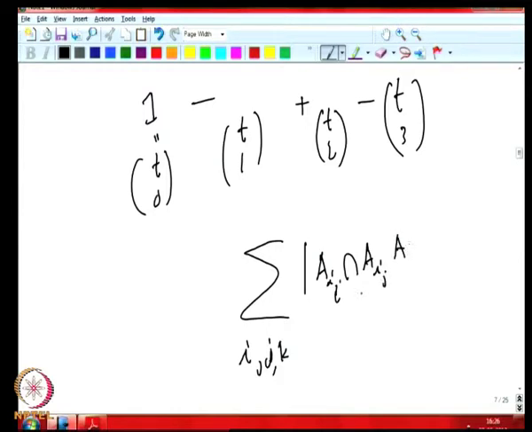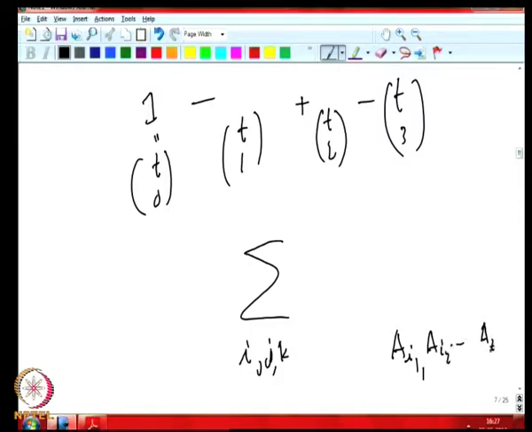so for instance, three members of the collection are taken and their intersection cardinality is put here, but then X will belong only to those intersections of three tuples of sets where the sets are coming from this collection AI1, AI2, AIT, because these are the only sets in which X belongs.